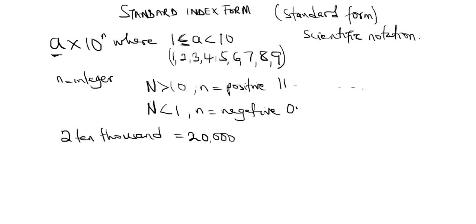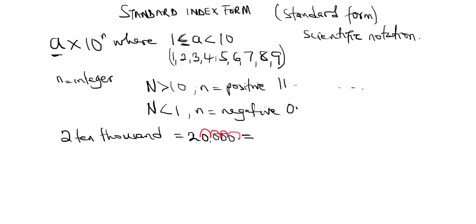Now, how can you express this in standard form? We can express this in standard form by simply introducing a decimal point, and we move the decimal point 1, 2, 3, 4.